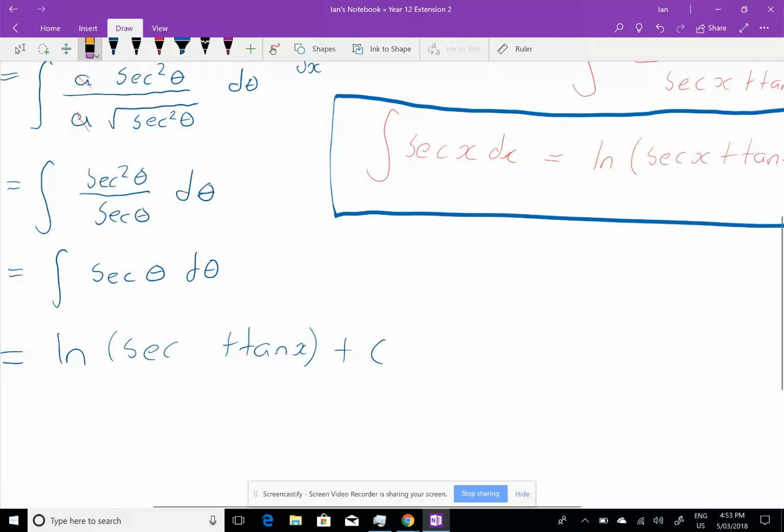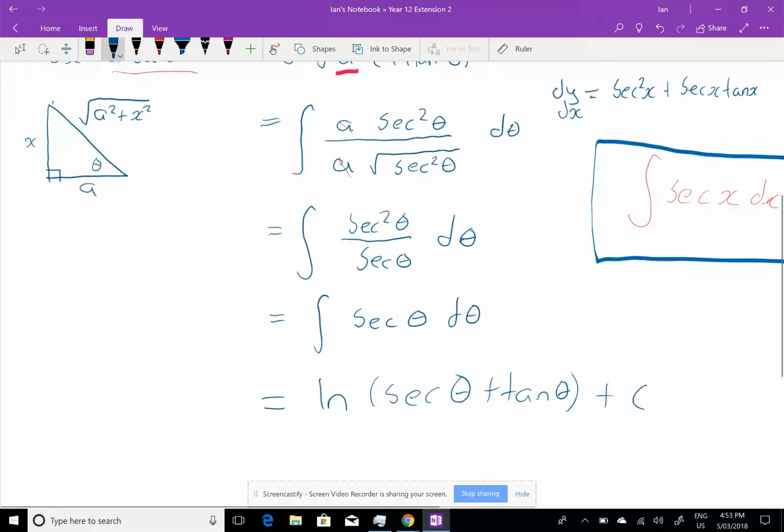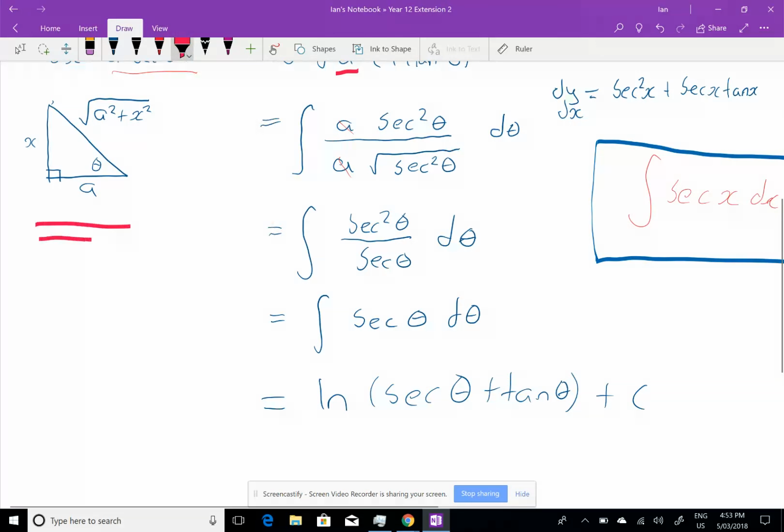Because we're still in theta. We're still in theta, so we have to replace it. Now, up here, we've got theta. See that little diagram we did earlier? So when we go here, we can refer back to this point.